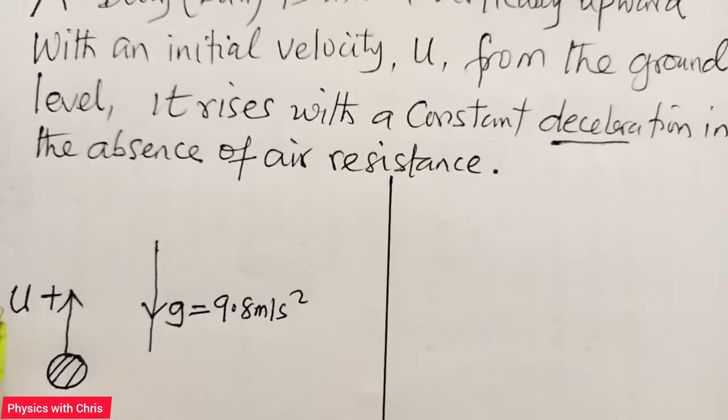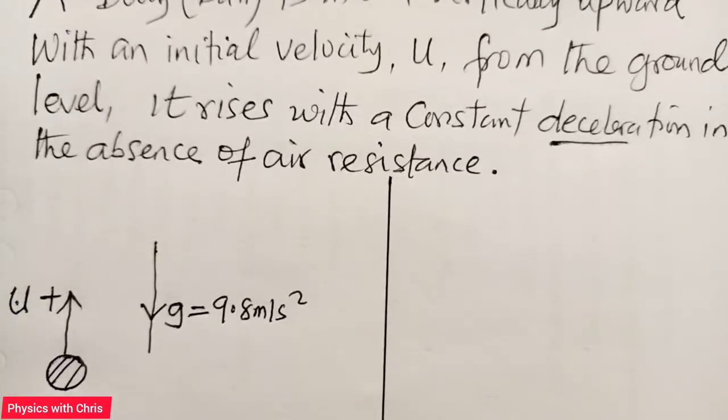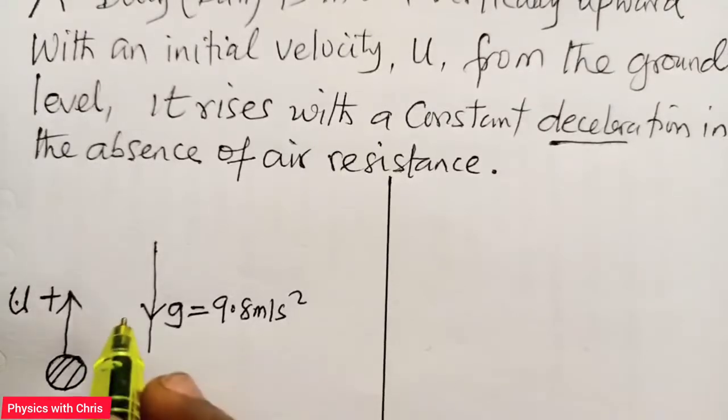The magnitude is u, but mathematically we may use plus and minus signs to indicate the direction. So the direction upward gets a positive sign, which means the acceleration of the body, equal to the value of the acceleration due to gravity, will be given as negative.